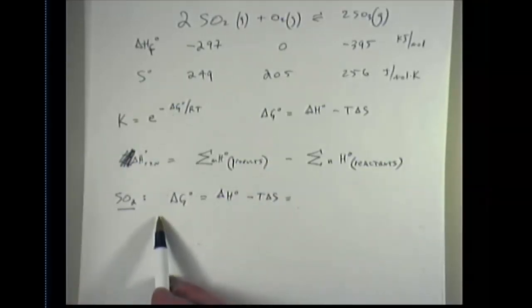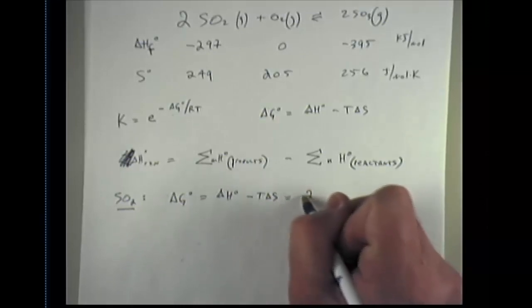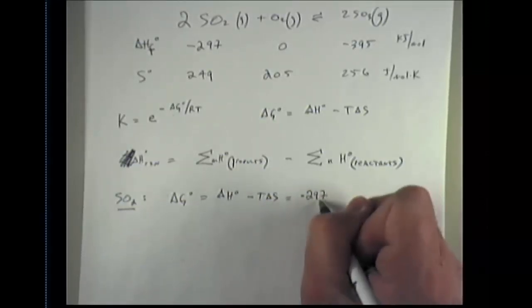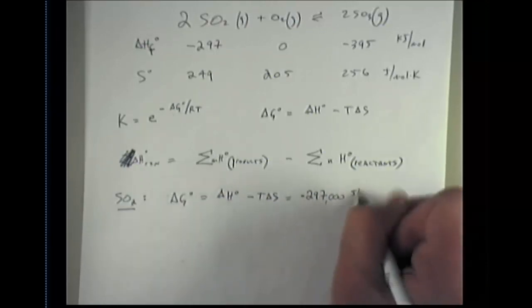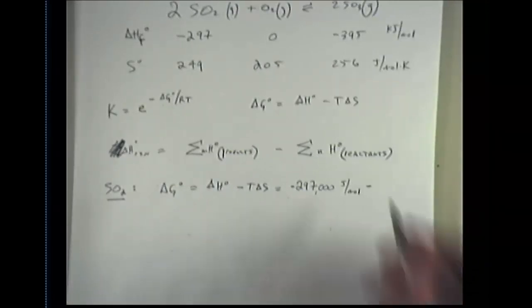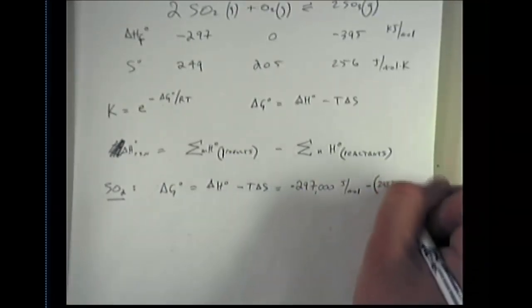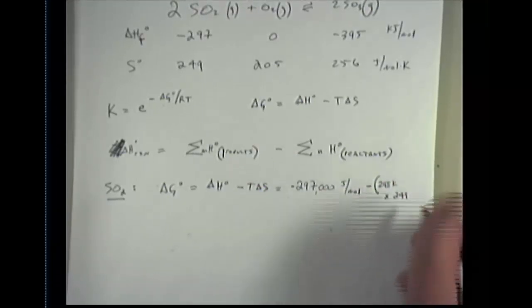For SO2, we've seen that its individual delta H value is 297 kilojoules, which is the same thing as 297,000 joules per mole. We then subtract from that the temperature, which is 298 Kelvin, multiplied by the entropy, which is 249 joules per mole Kelvin.